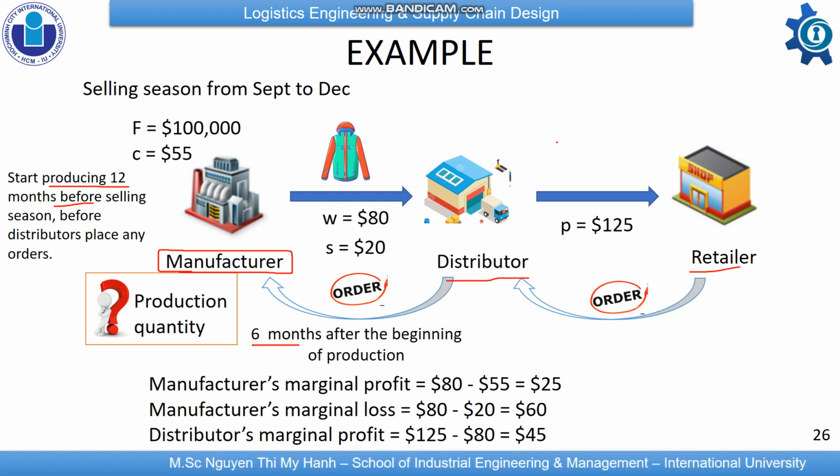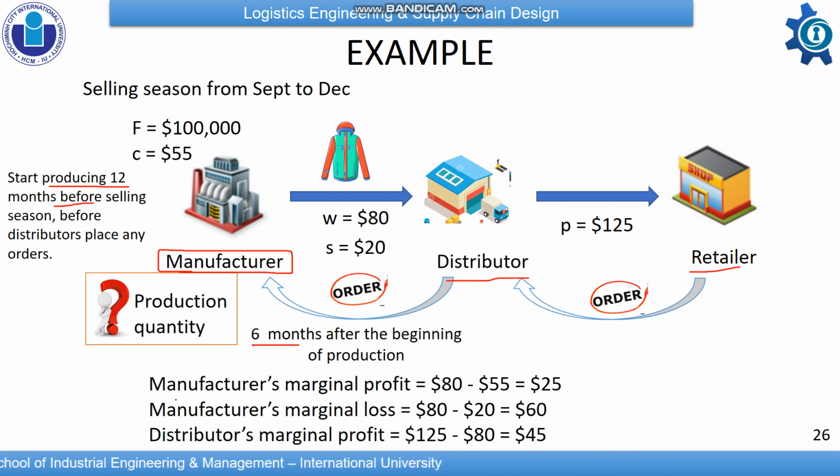They don't want to produce more. However, if they don't produce more, maybe they will be out of stock to provide to the distributor. So the question is, what is the appropriate production quantity that the manufacturer should produce? So we will solve this problem first.